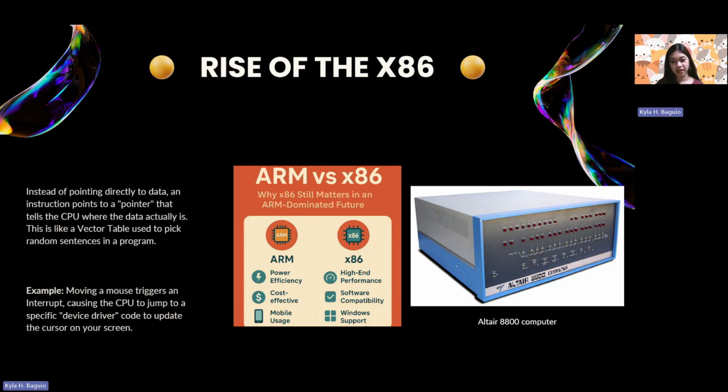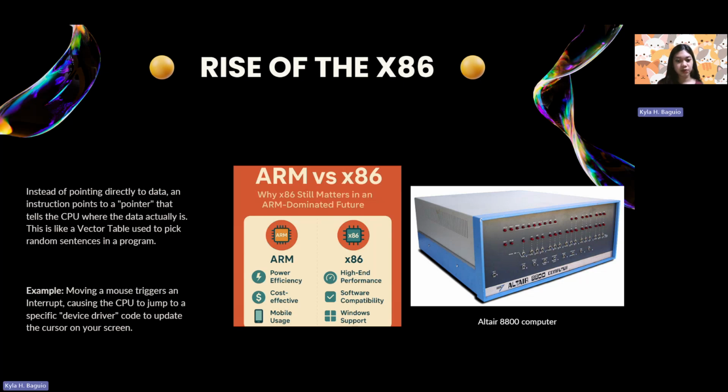This era was epitomized by the Altair 8800. Here we have a sample image of the Altair 8800 computer. It is a significant machine that lacked a screen or keyboard, but proved that a microcomputer could be affordable for hobbyists.